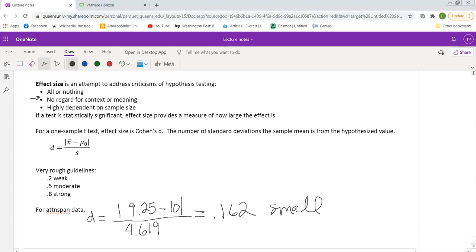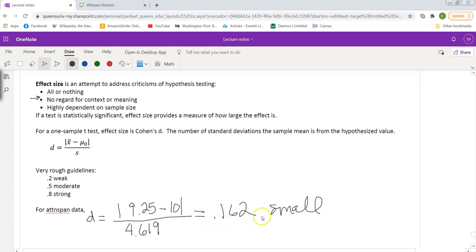Yes, I can conclude that the population mean is less than 10 hours per week, but it's not by much, which is kind of what we have here. Based on the hypothesis test, we found that in the population, we're able to say that mu is less than 10.